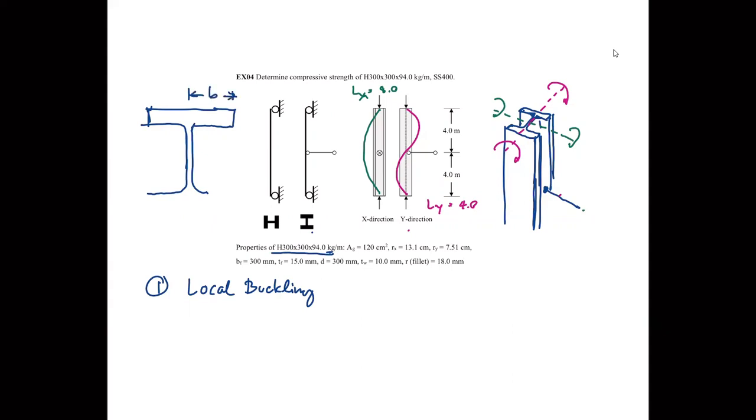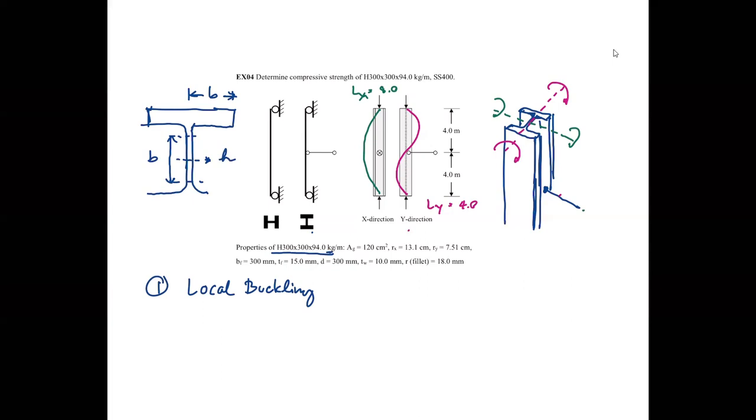Over the thickness. But for the web, to be fair, you need to consider this distance. It's the distance between the fillet. Okay, this is your B, or they call this H. This width B is H.